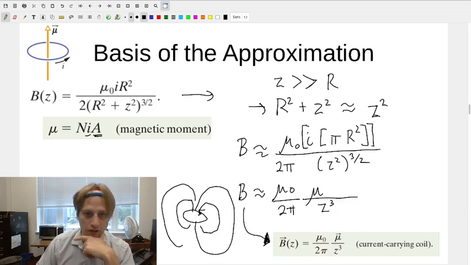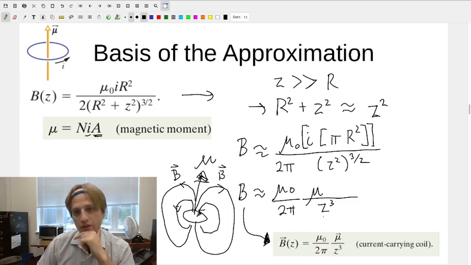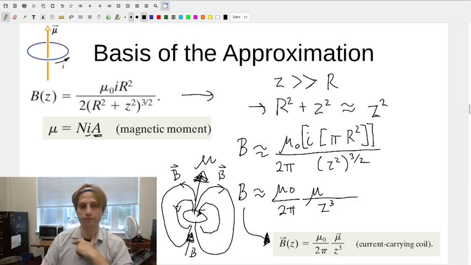The magnetic moment is pointing up like this, and your B is constantly changing direction, but its magnitude is approximately related to 1 over z cubed. Above the magnetic dipole, it's pointing away, and below the magnetic dipole, the magnetic field is pointing toward.